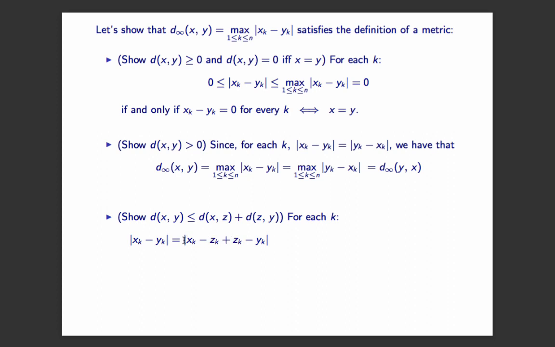Well, then I can apply my old-fashioned triangle inequality, because this is just the absolute value of the sum of two numbers, xk minus zk and zk minus yk. So the triangle inequality says this is less than or equal to the absolute value of the difference between the kth component of x and z, plus that of z and y.